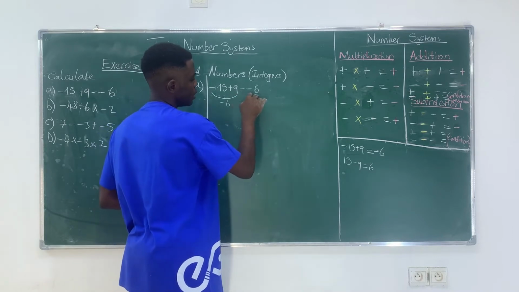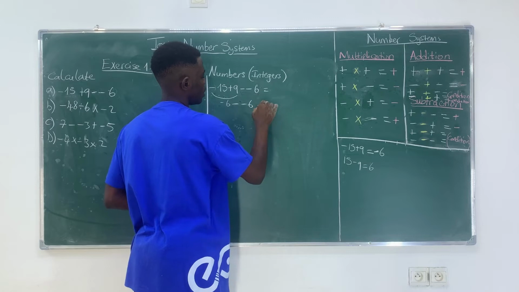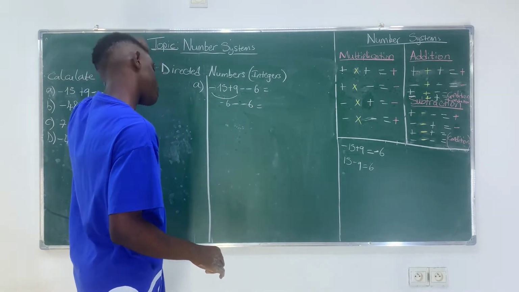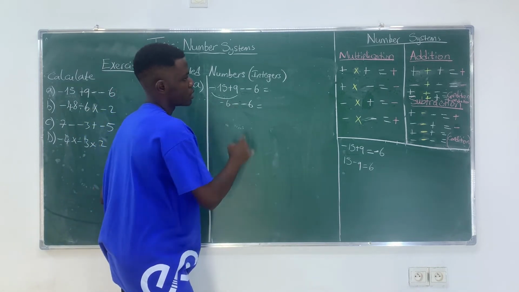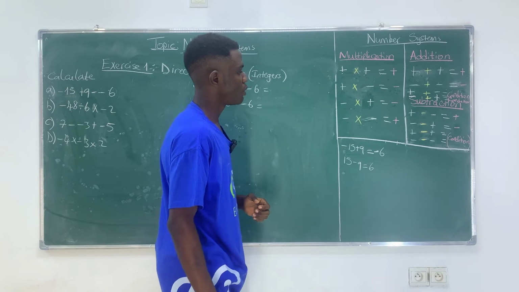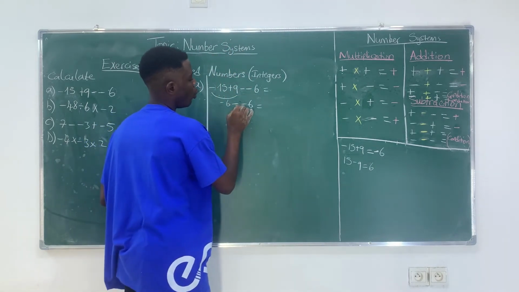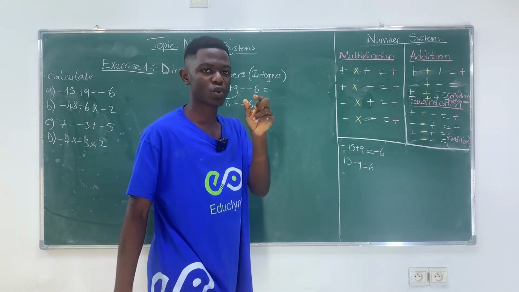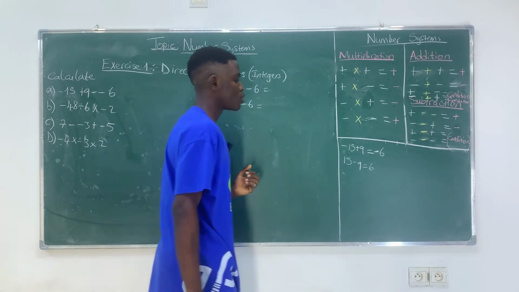Now you have that minus 6, and this part is minus 6. Minus 6 minus 6, what is it equal to? You have to recall that when minus and minus are next to each other in an operation, it becomes plus.